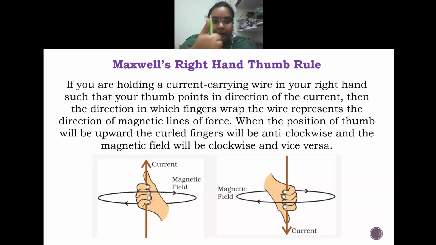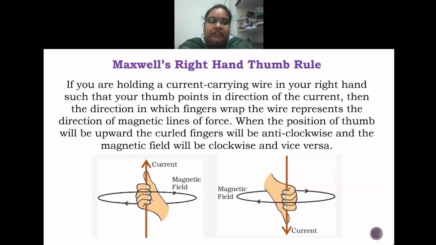If I assume that the current is flowing in the upward direction, then my thumb gives me the direction of the current, and the curl of the fingers will give me the direction of the magnetic field. In this diagram he is showing how the current and the direction of the magnetic field will be.